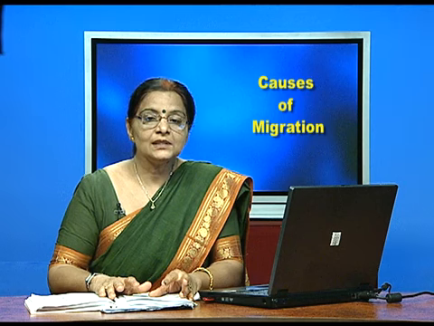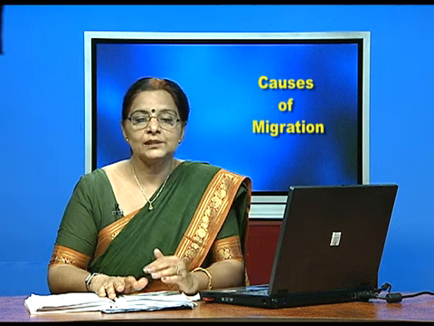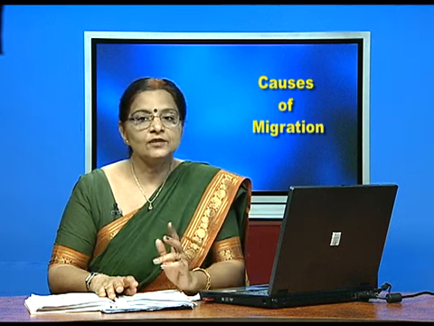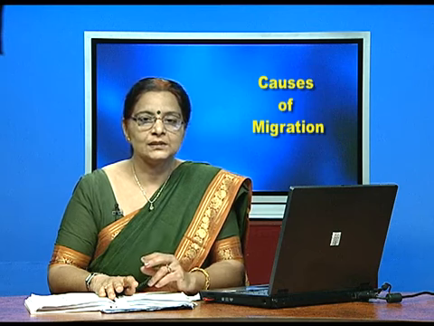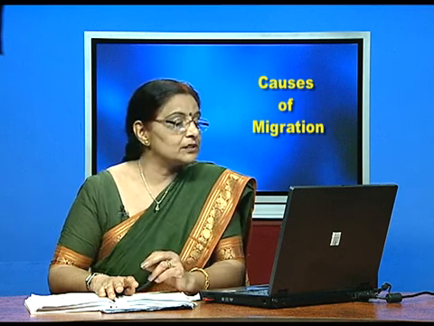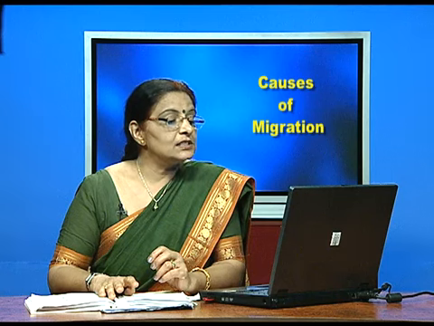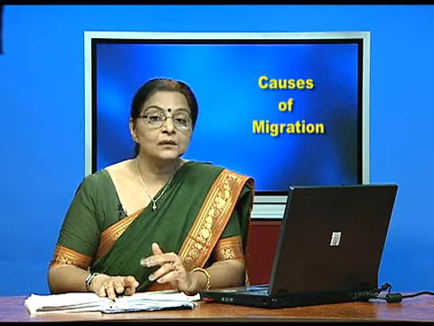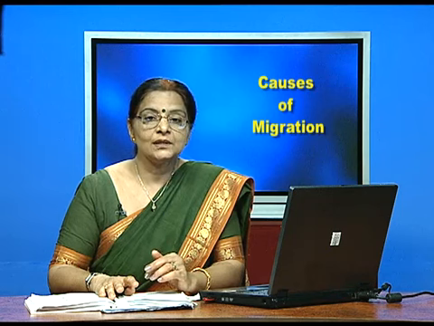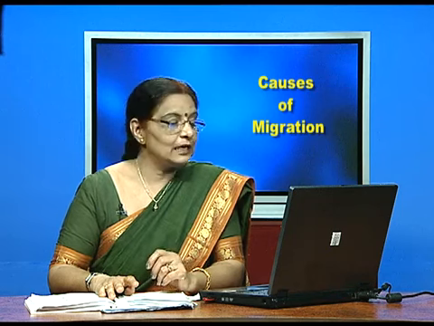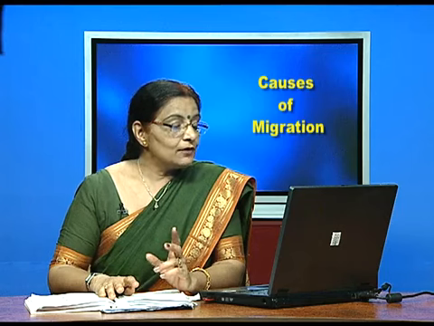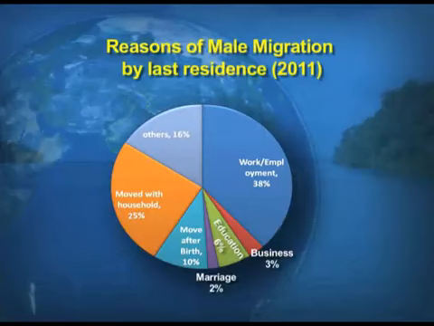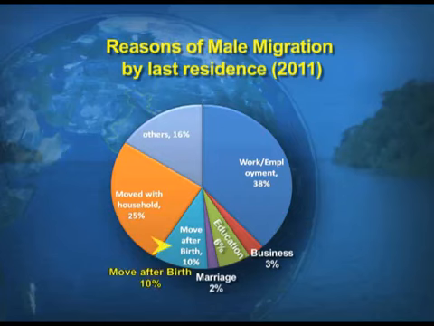So, in search of a better quality of life, in search of better employment opportunities, the males migrate. And the second largest portion is other factors. Others may include education, or better facilities of life. Around 10% of the migration of males is when they move after their birth.